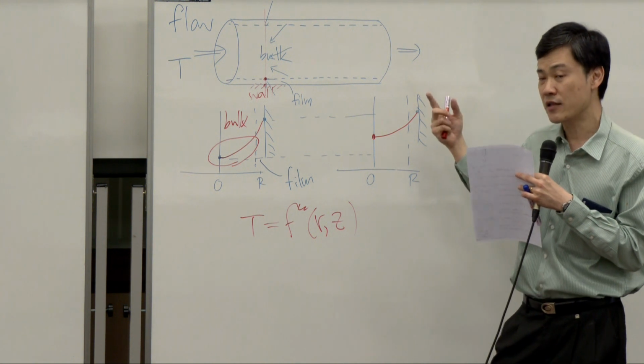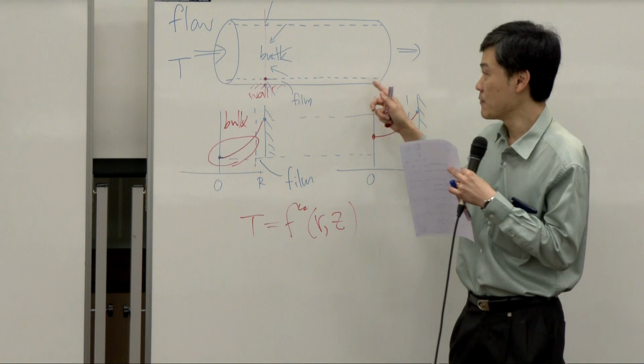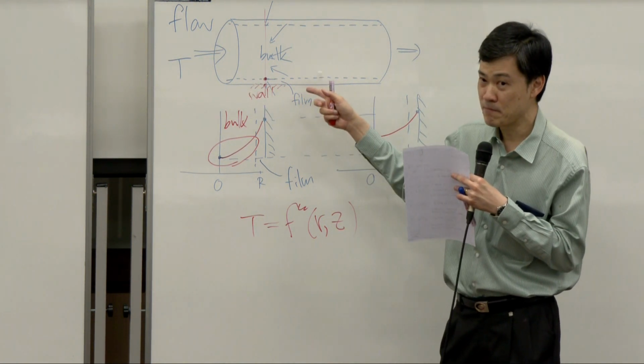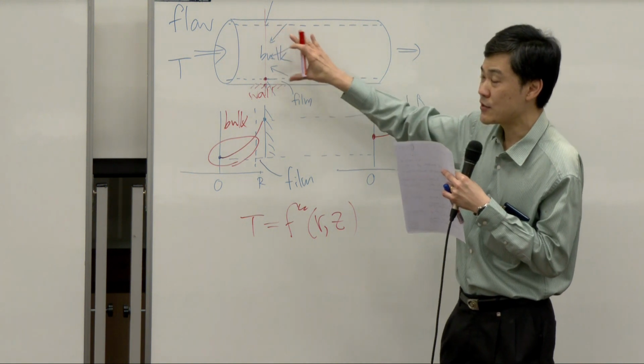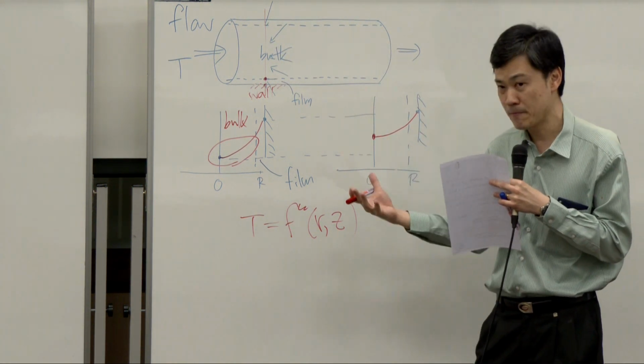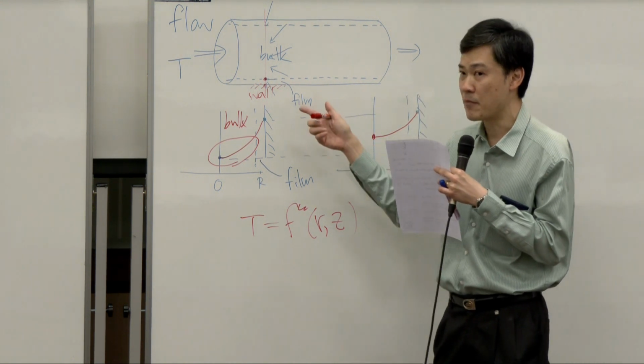But in reality, there's no way that we can put the temperature probe at every point in the pipe, because sometimes the pipe is not the pipe by itself. The pipe stays within another pipe. It's in a closed vessel, so there's no way we can measure the temperature.